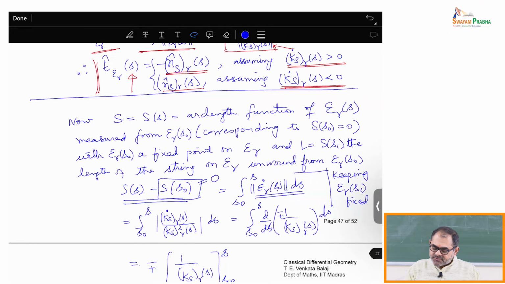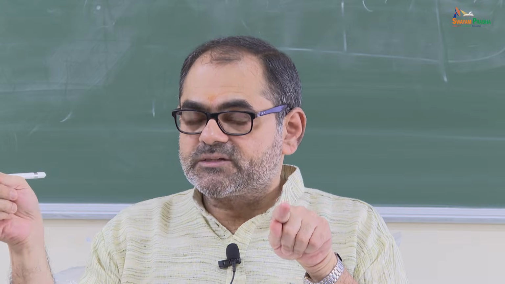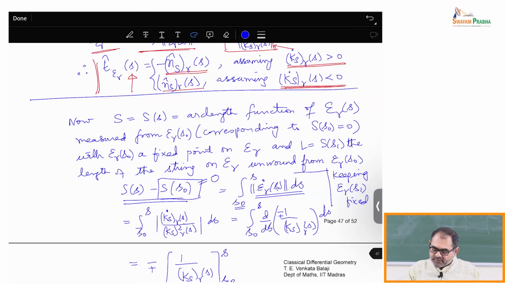So you have to integrate the speed, in fact, which is the modulus of the velocity vector, the norm of that vector, from s0 to s. And mind you, small s varies from s0 to small s1, for which capital S varies from 0 to capital L.